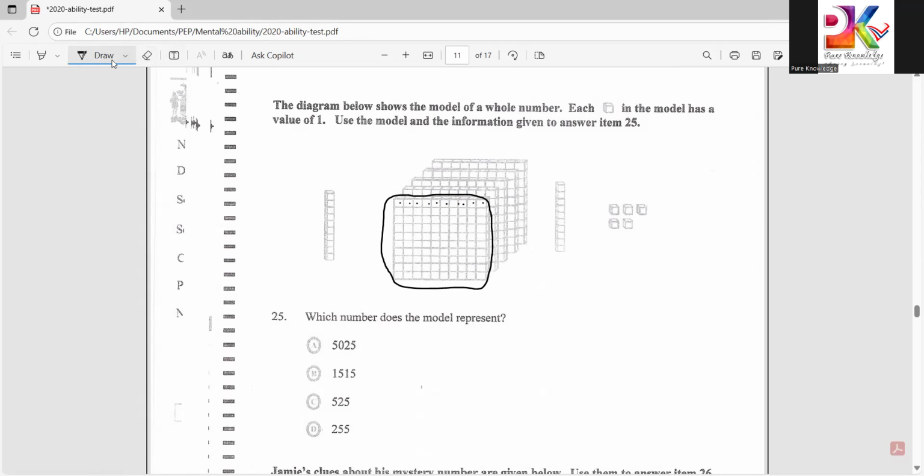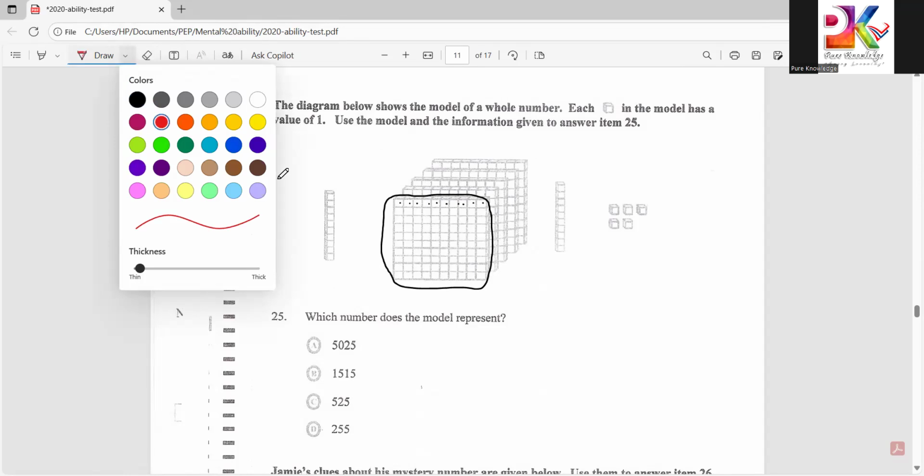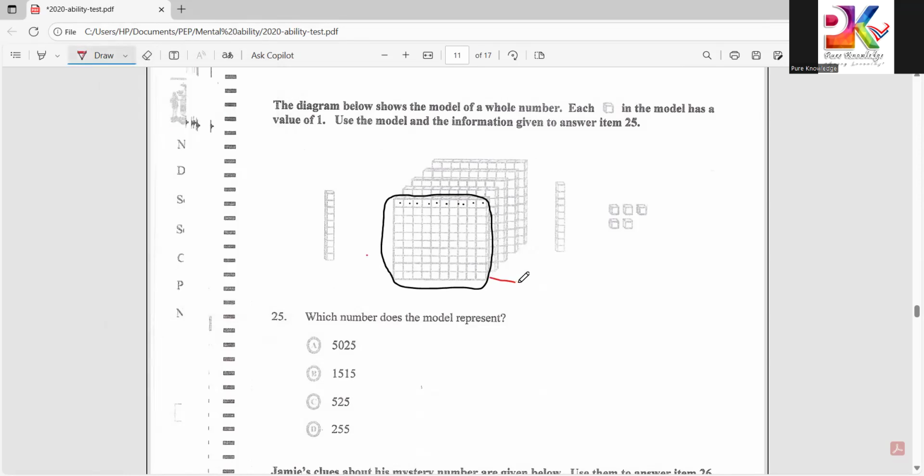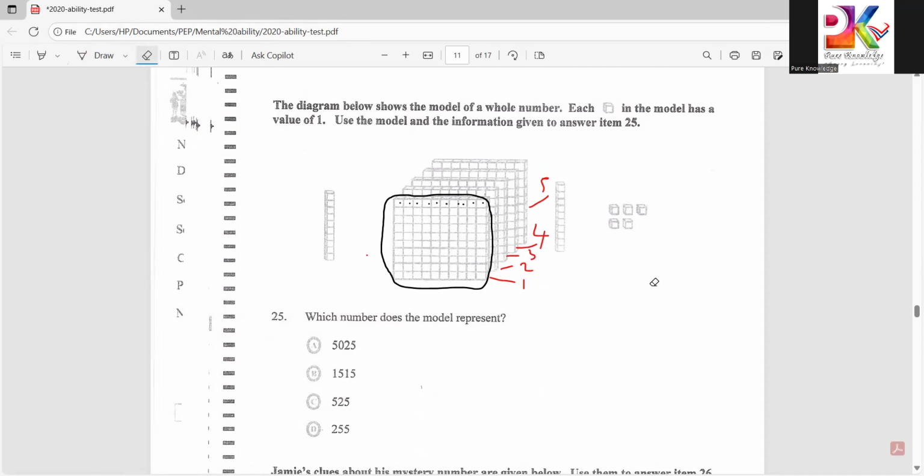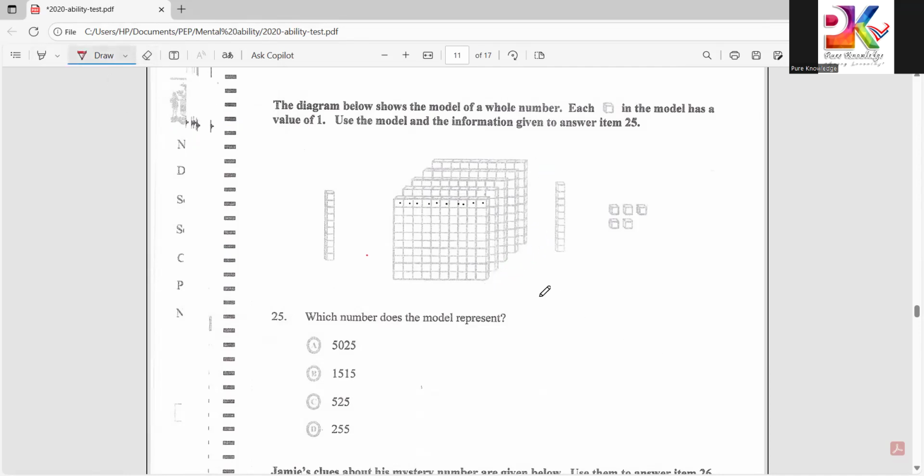So let's count. We have 1, 2, 3, 4, and 5 of them. So 100 times 5 is 500. So we have 500, all right? And then now we have 500, and then we have to count the ones here.